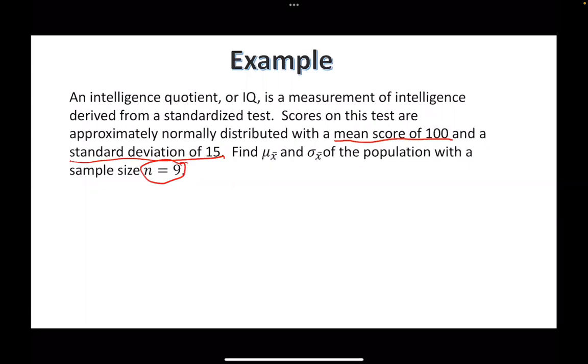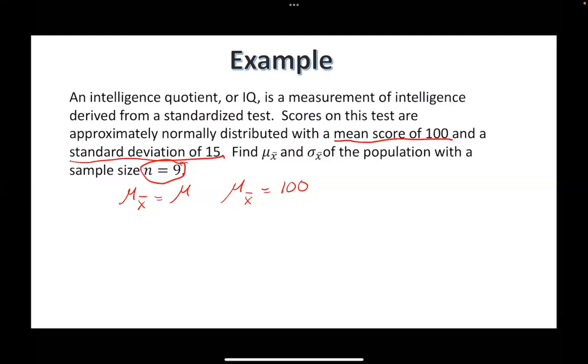Remember, our mu sub x bar is the same thing as our population mean, so mu sub x bar equals 100. We just use what they give us for our population mean. Easy as that.